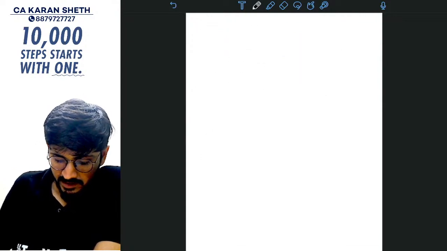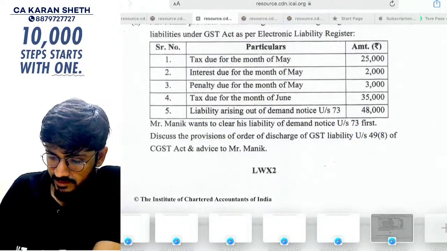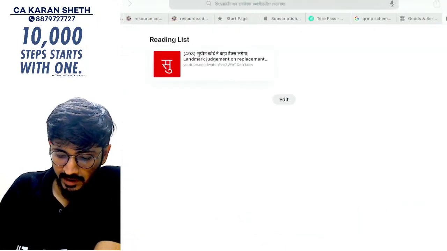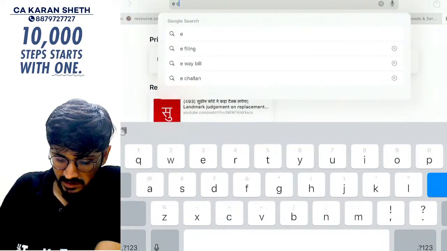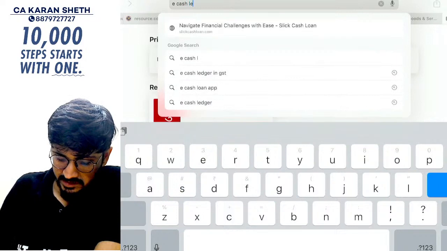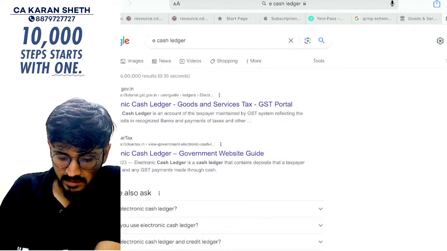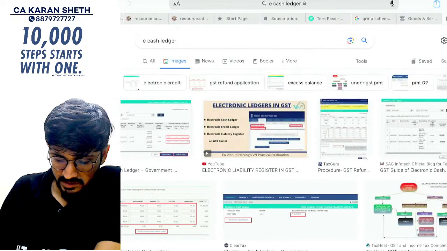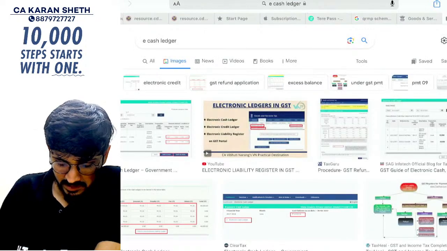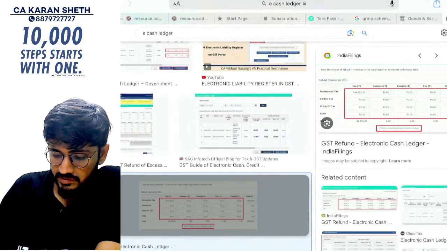I am not showing that. Do you want to see that? Let's check, my dear friends. E-cash ledger. Images. Check. This is how it looks.